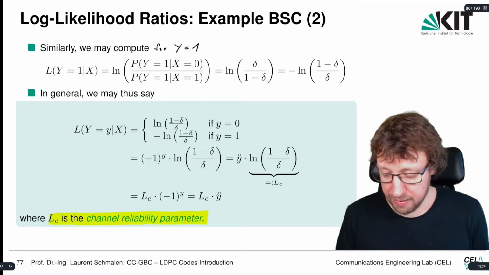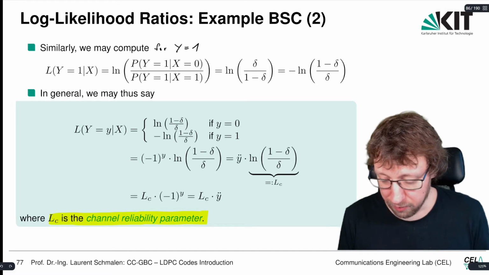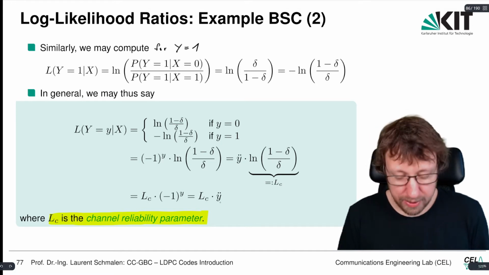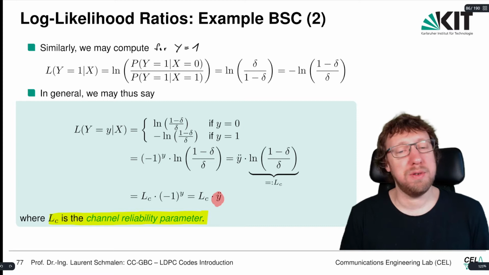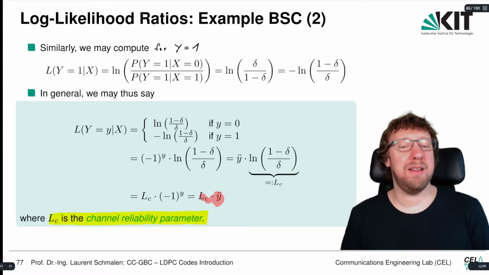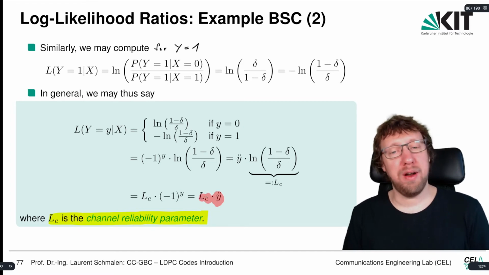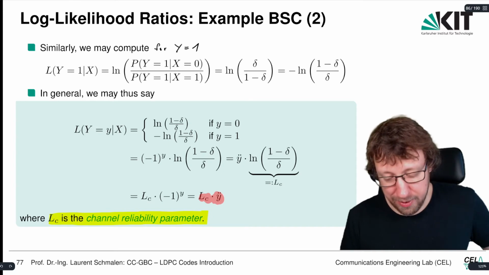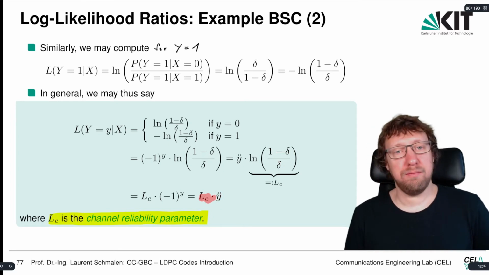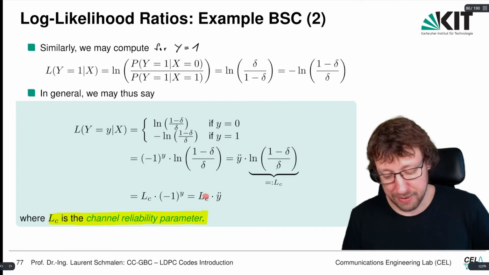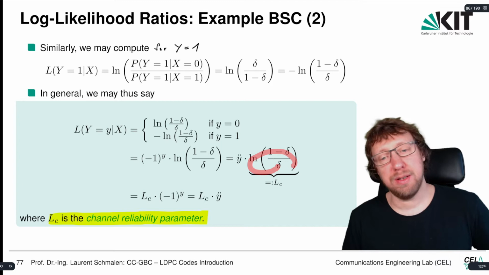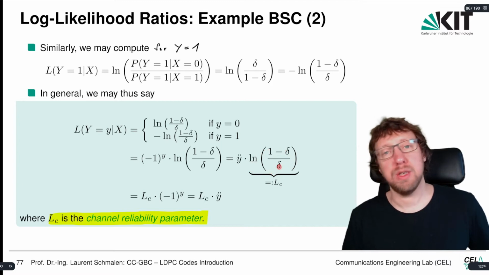So the log likelihood calculation is essentially just the channel output in bipolar representation multiplied by a channel reliability parameter, which is ln of 1 minus delta over delta. We can see if delta is small, this value will become very large. So it's essentially 1 divided by 0, which is infinity.